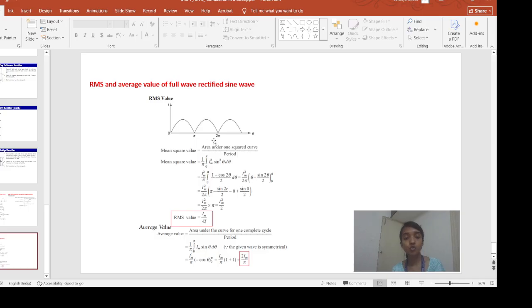The total time period is 2 pi, so we take pi only, because after pi the full wave rectifier repeats its waveform. So it will be 1 by pi integration of 0 to pi Im sin theta d theta. After integrating and putting the limits, we get the average value as 2 Im by pi for the full wave rectifier circuit.